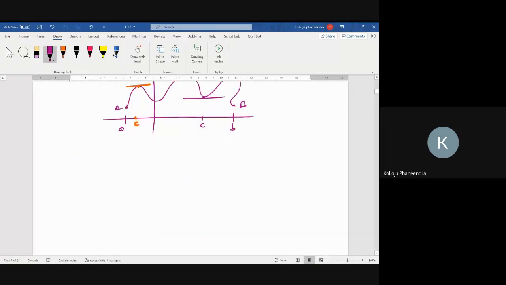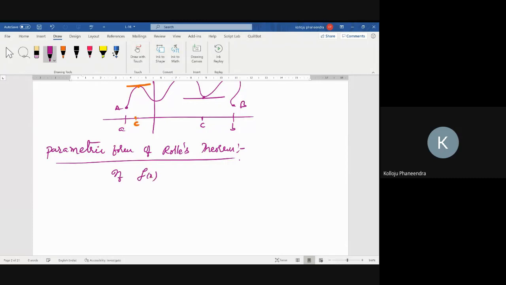Another one, the parametric interpretation, or parametric form of Rolle's theorem. What is this parametric form of Rolle's theorem? If f of x is a function such that, first condition, f of x is continuous in closed [a, b].